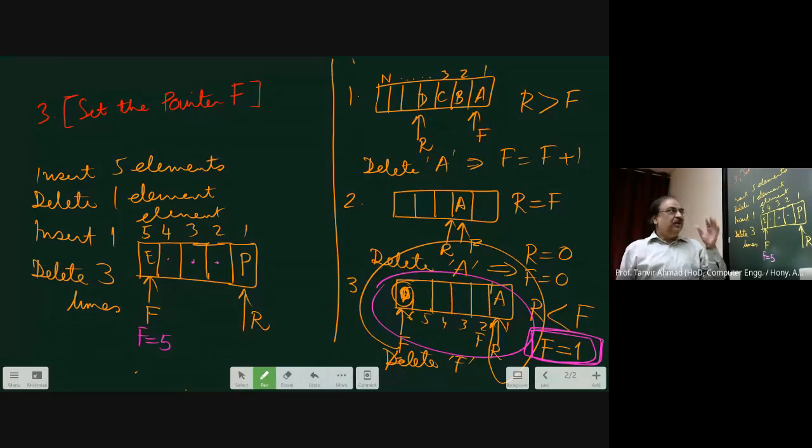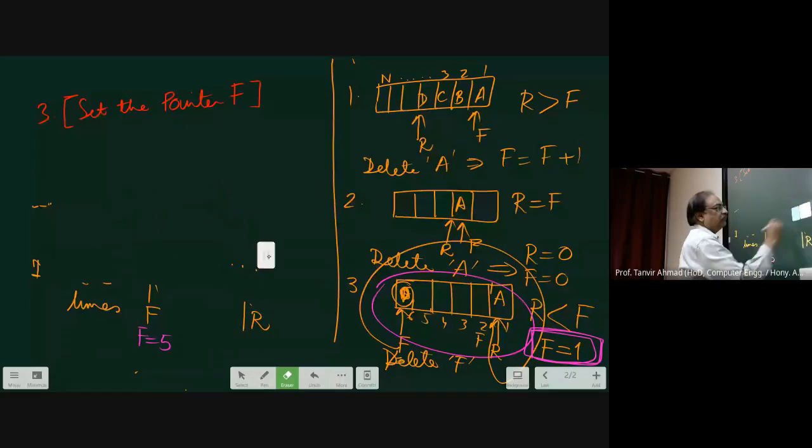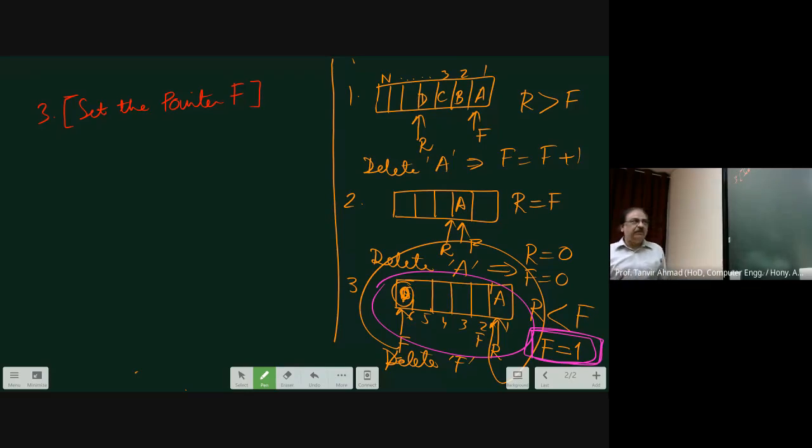And therefore, our algorithm will be modified by just adding these 3 cases and the whole algorithm will work. Now let us try to show you like this. Now I will set the pointer F. Now let me translate these 3 cases over here.